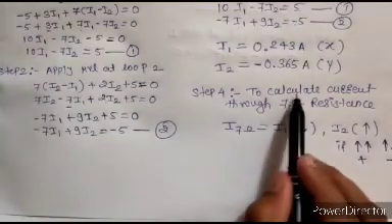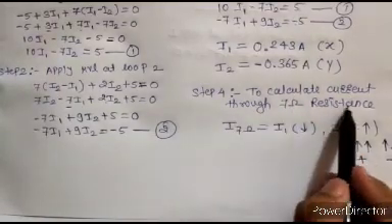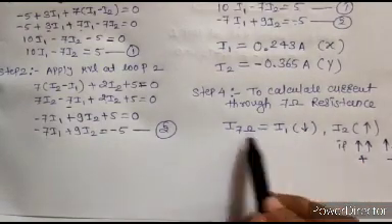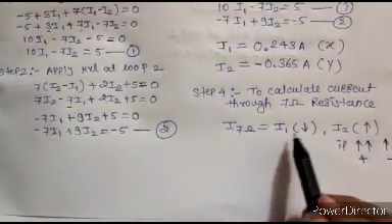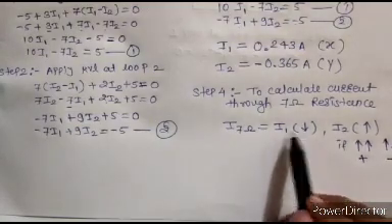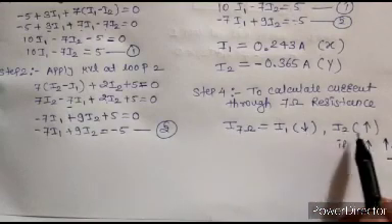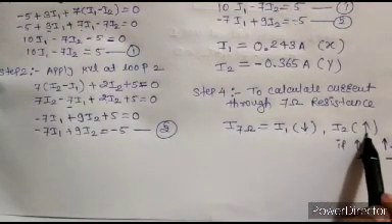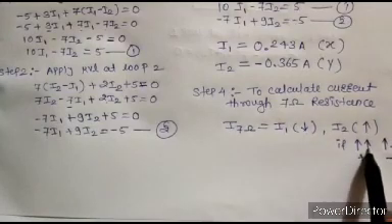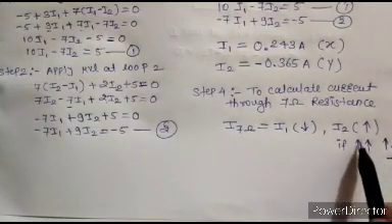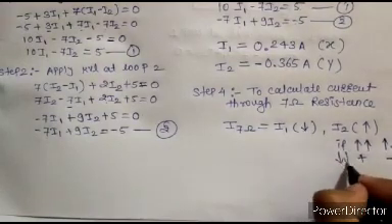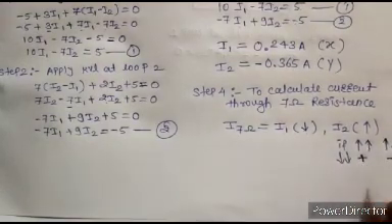Step number 4, calculate the current through the 7 ohm resistor. In the circuit, you can see that in the 7 ohm resistor, two currents flow, I1 and I2. I1 flows in the downward direction and I2 flows in the upward direction. If both currents flow in the upward direction or both downward, take it as a plus.